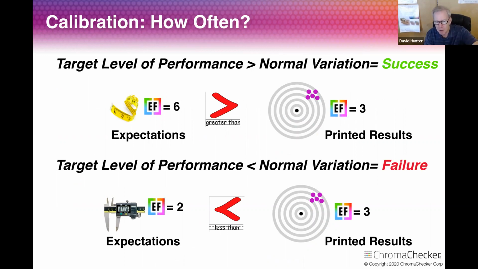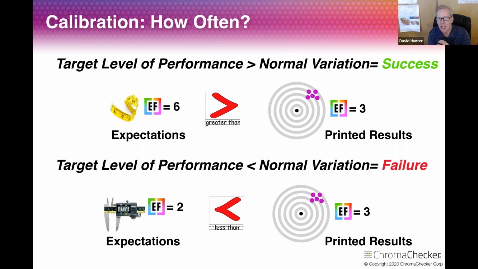But if your expectations are a 2 and your device is anything more than a 2, even a 3, then you've got failure, meaning you've either got to reset your expectations, or you've got to apply a higher level of calibration and process control to your device to get the E factor of the device less than a 3, ideally down to less than a 2, because that's what your expectations are.